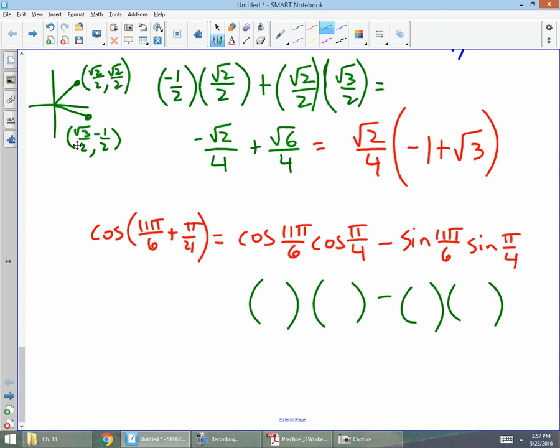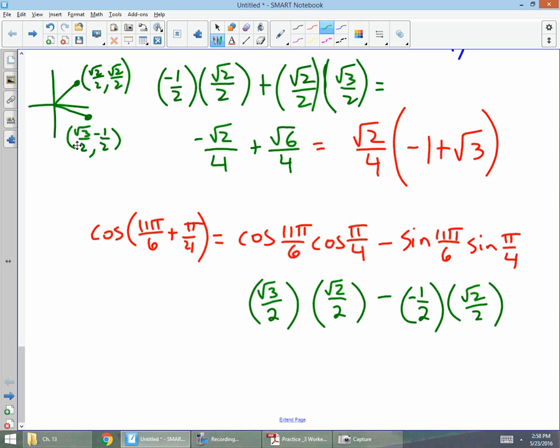Cosine of 11 pi over 6, we can look up at our unit circle in the top left corner here, square root of 3 over 2. And the cosine of pi over 4 is square root of 2 over 2. Minus the sine of 11 pi over 6 is negative 1/2. And the sine of pi over 4 is square root of 2 over 2.